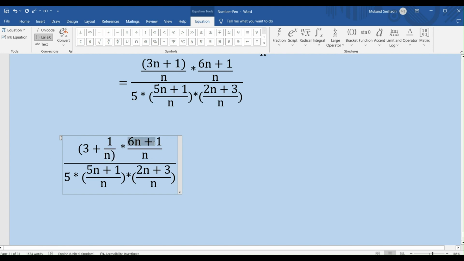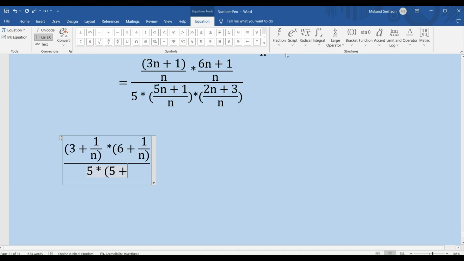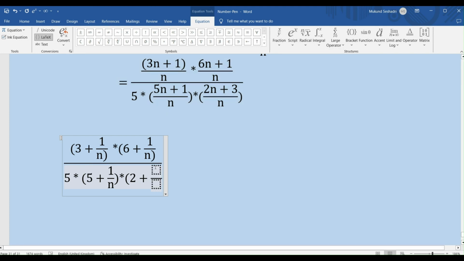And this is nothing but my 6 plus 1 by n. And this one is going to be my 5 into 5 plus 1 by n into 2 plus 3 by n.